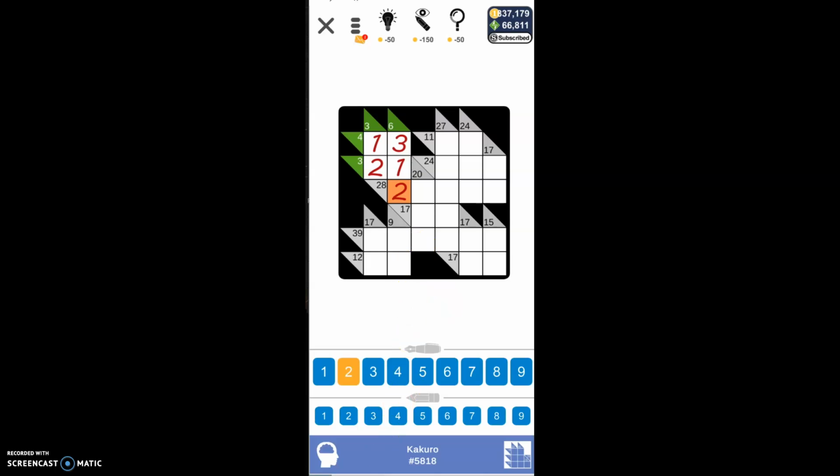So let's do that. So what ways can this be the 14 that we need? It could be a 9, 5, or it could be an 8, 6. 8, 6 is problematic because this needs to be 15. And if this is 8, 6, then this 15 cannot be 8, 7, and it cannot be 9, 6.